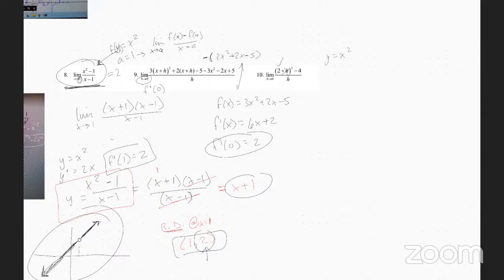Because what's minus 4? That's 2 squared. So remember that formula I was telling you about? The limit as h goes to 0 of f of x plus h minus f of x all over h.